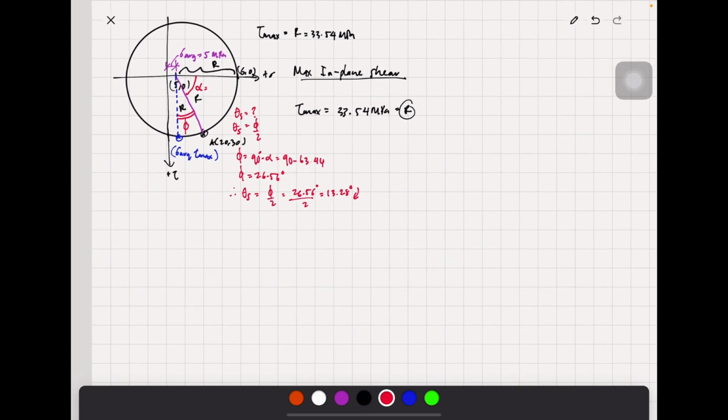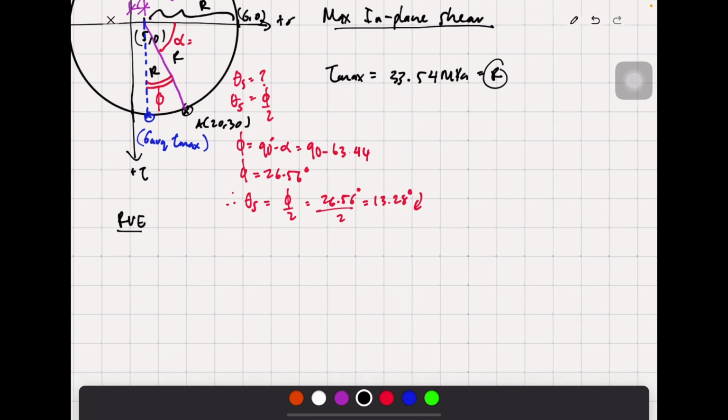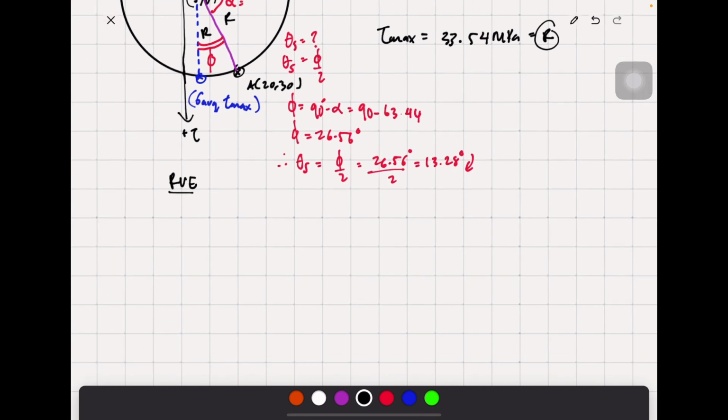So by having that value, we can draw our RVE, right? By using that value, 13.28 degree, we draw perpendicular to this slanting angle.